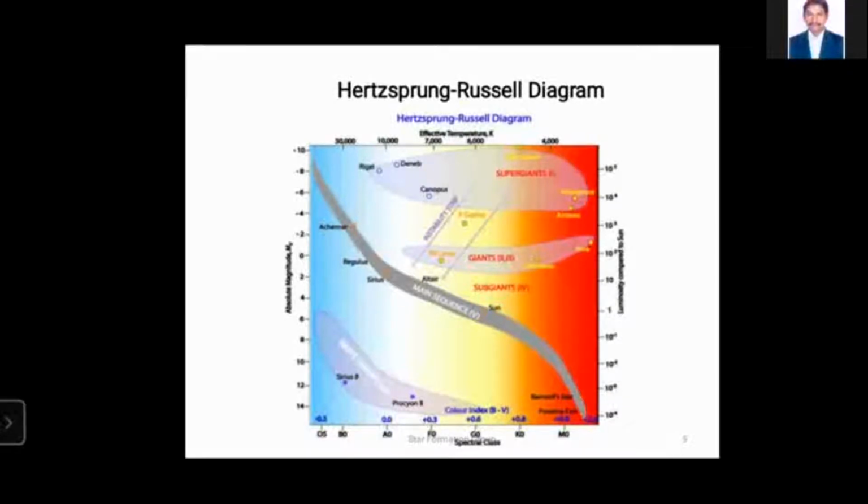The main sequence stretches from upper left to bottom right, that is, from hot luminous stars to cool fainter stars. The red giants and supergiants occupy the region above the main sequence. The white dwarfs are the final evolutionary stage of low to intermediate mass stars and are found in the bottom left.